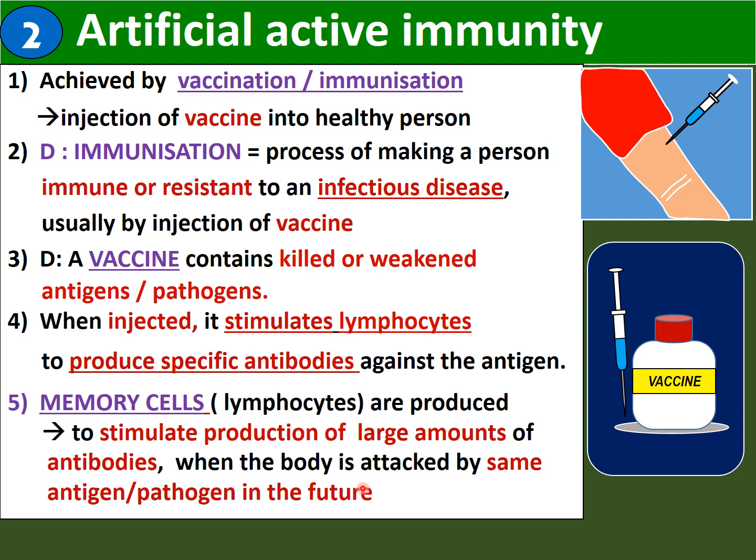So that in future, if he is ever infected with the same antigen or pathogen, he will be able to produce that specific antibody to destroy all the antigens that have entered his body.